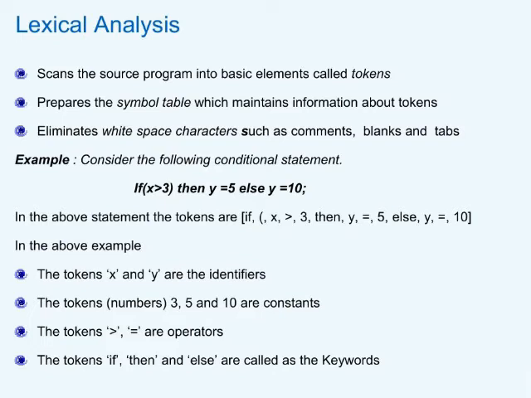Now in this conditional statement, the lexical analysis finds various tokens: x and y are the identifiers, 3, 5 and 10 are the constants, greater than and equal to are the operators, and if, then and else are the keywords specified by the language. This way the lexical analysis phase converts the program into token form.